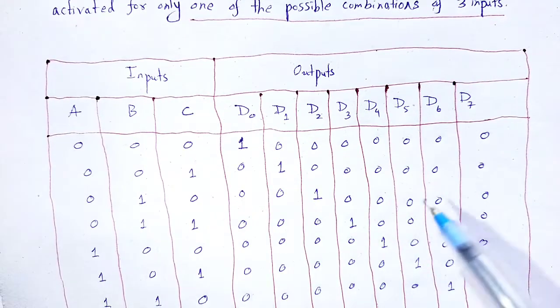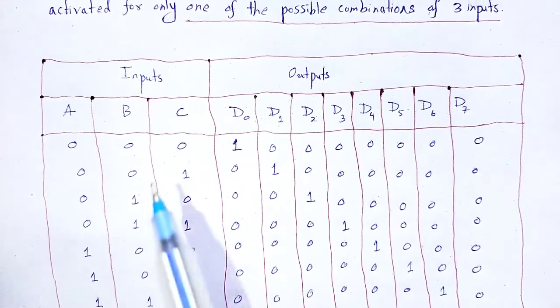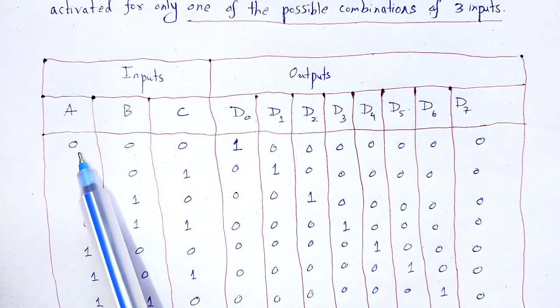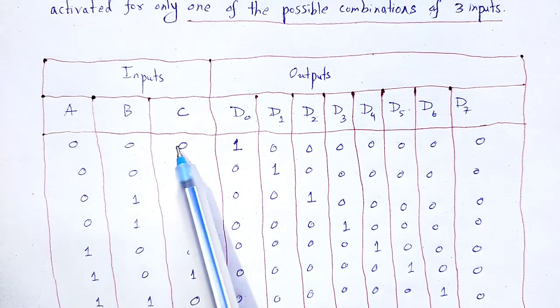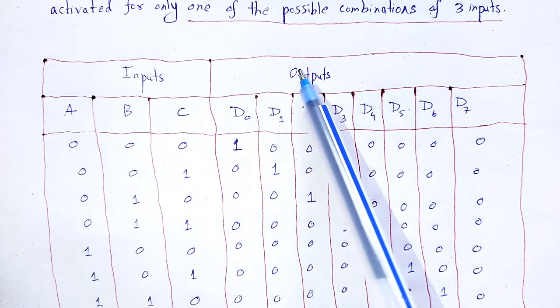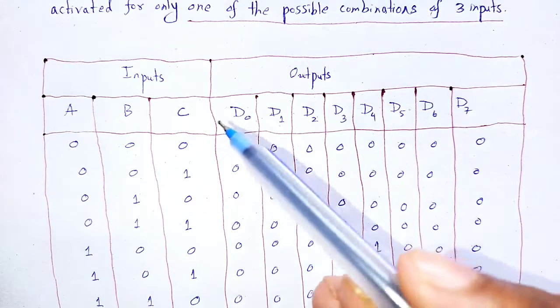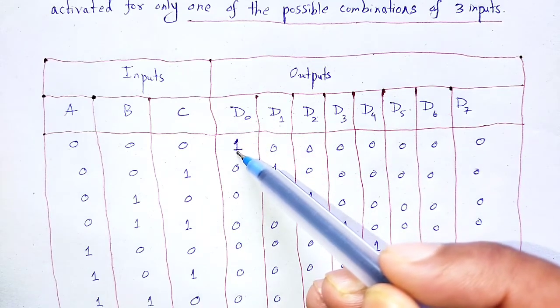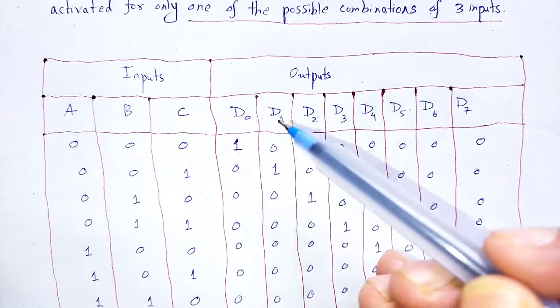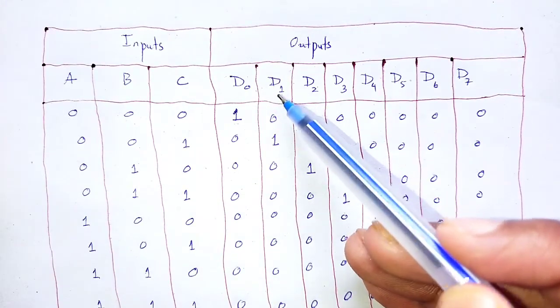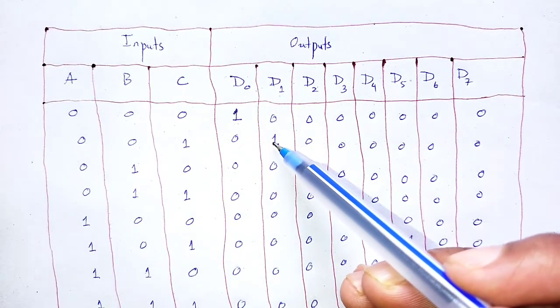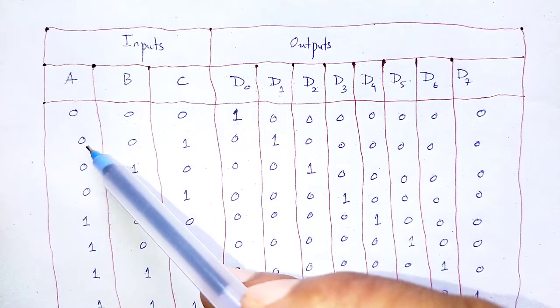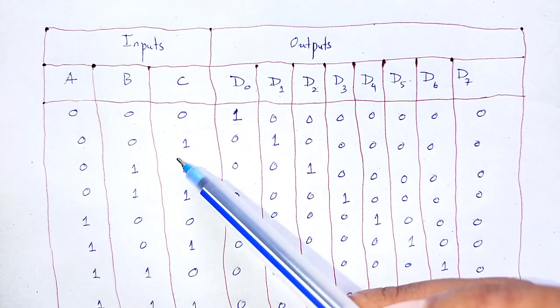Look carefully at that truth table. For the inputs 0, 0, 0, the high value of output D0 is 1. Next D1 has high value 1, possible inputs are 0, 0, 1.